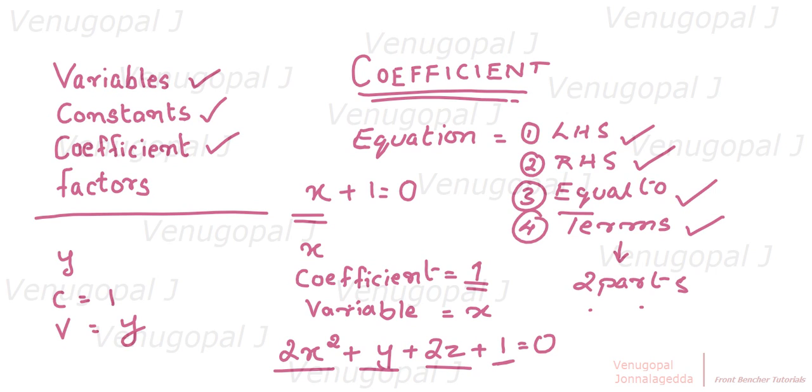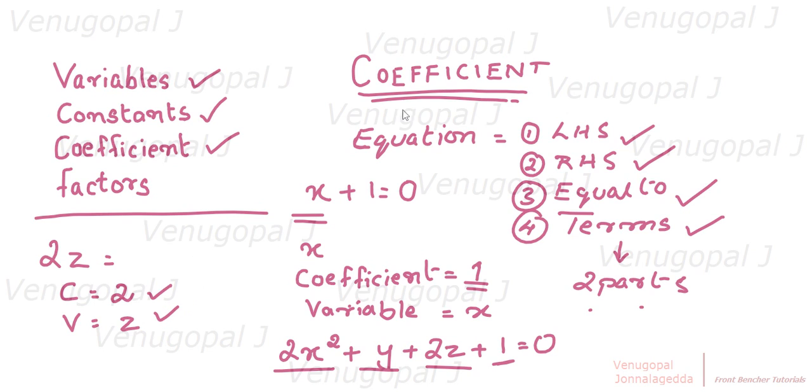Then we'll go to the third term, 2z. So the coefficient here is 2 and the variable here is z. This is how you need to think.